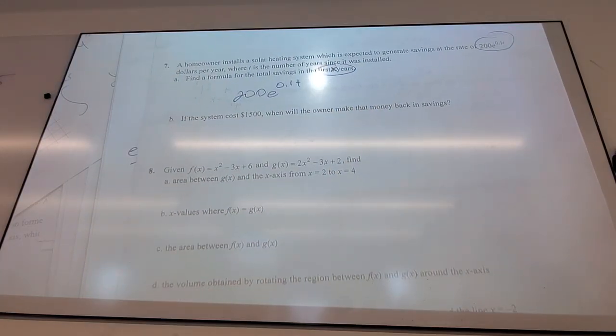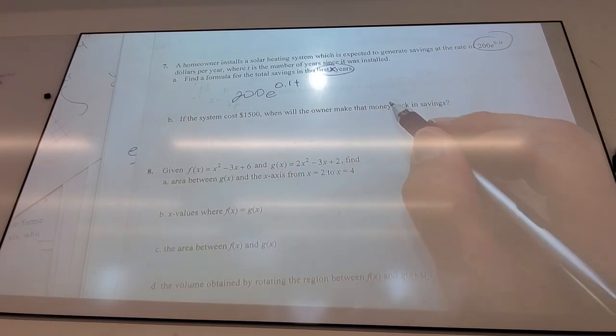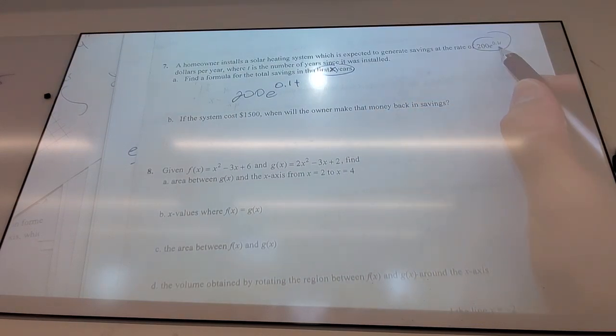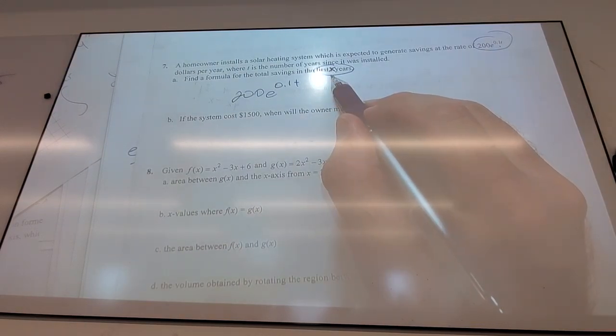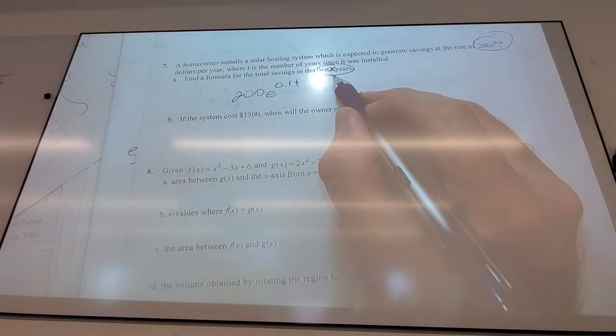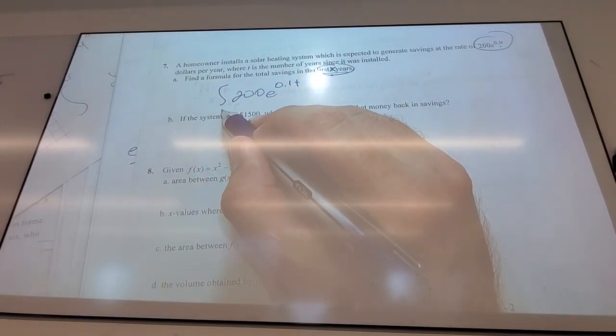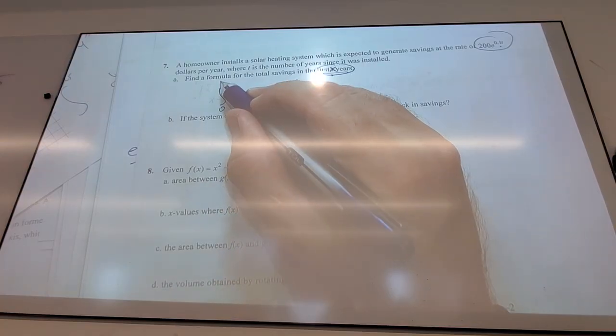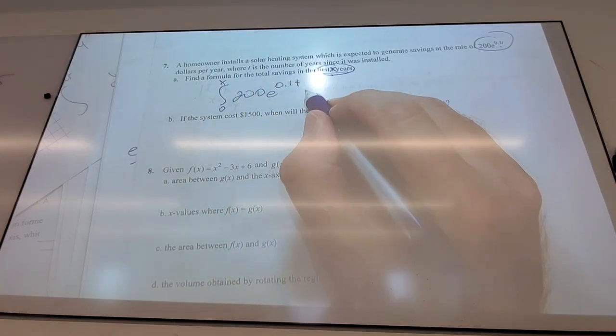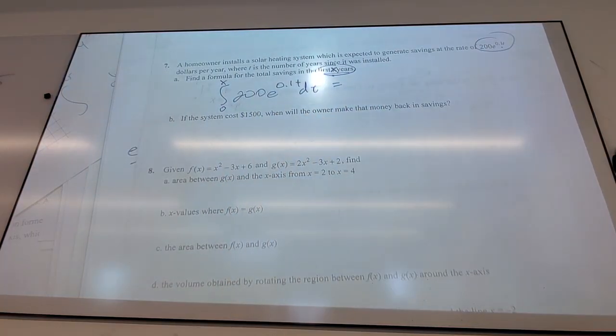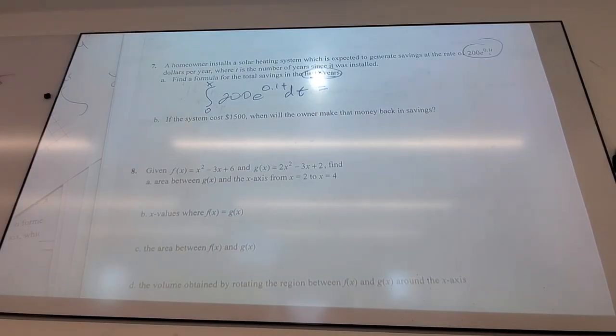I think on the key I did it the other way around, but let me just do it this way. I can't have a t here and a t there. You can't do double duty. So if I want to know the first x years, what year am I starting at? Year 0. Up to what year? X. Now integrate that.